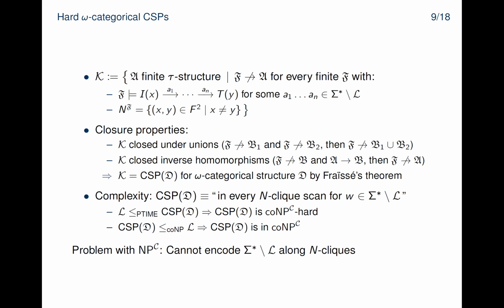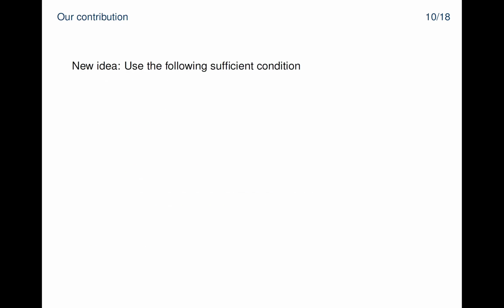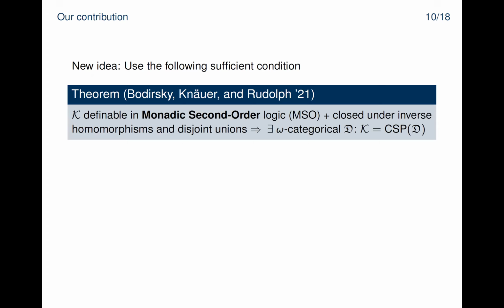Right, so we have to select an alternative approach, and this is what we did, me and Santiago. So we realized that in the literature there is the following sufficient condition of Bodirsky, Knäuer, and Rudolph of 2021.